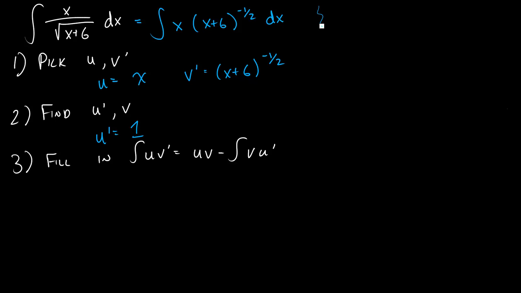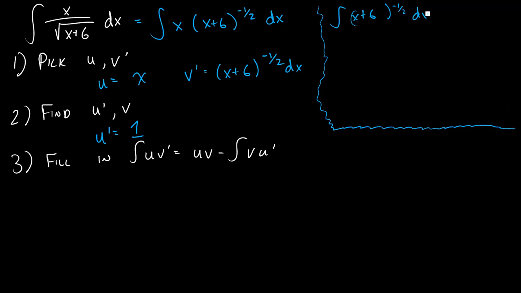So I'm going to make a sidebar here because this is actually kind of a problem in its own, right? So let's write, we want to take the integral of x plus 6 to the negative 1/2 dx. So how do we do that? Well, we actually have to do a u substitution problem, or a w substitution problem, whatever you want to call it.